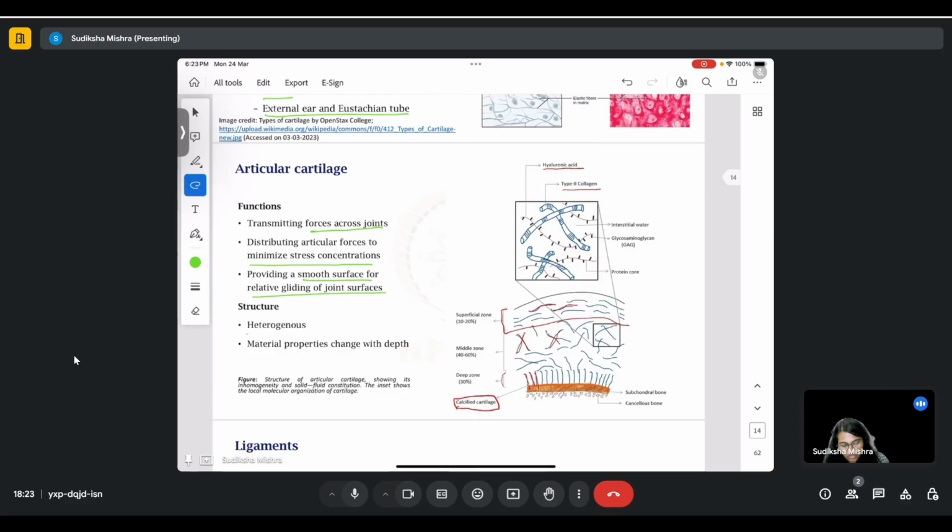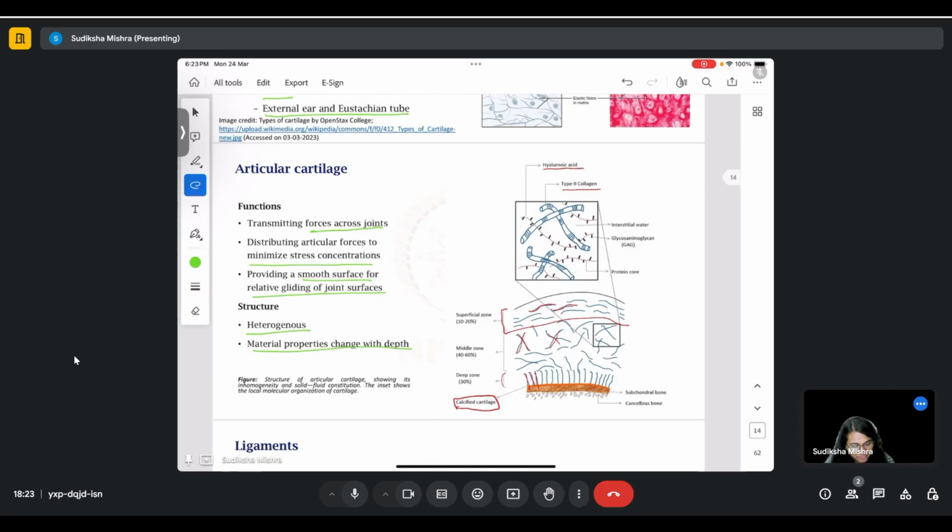The structure is not homogeneous, it's heterogeneous, and the material properties change with depth. As we saw, the amount of glucosaminoglycans also changes, and that also contributes to changing the stiffness of the cartilage, therefore changing the material properties.